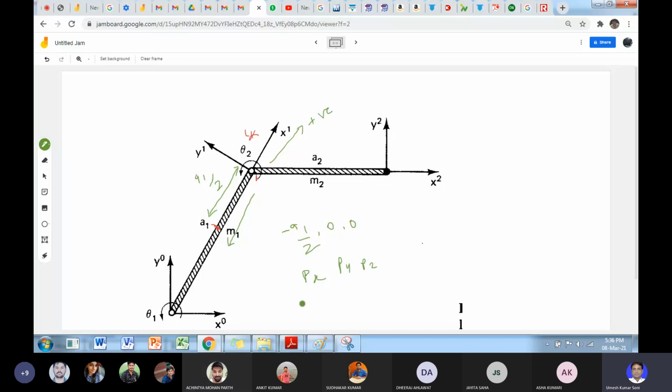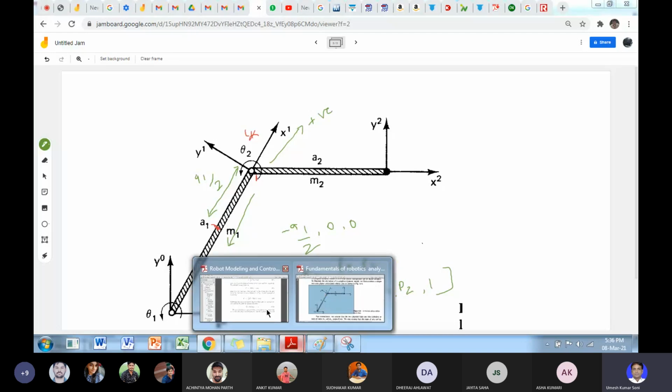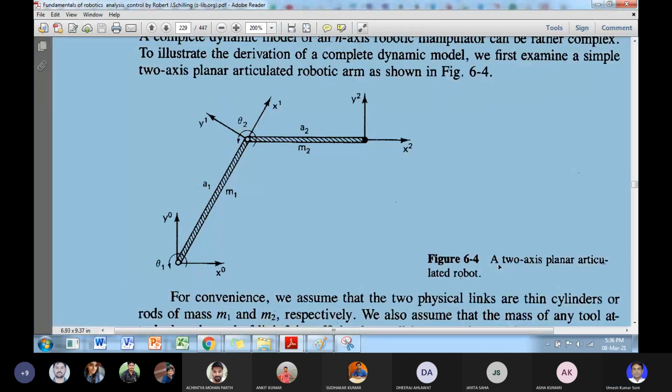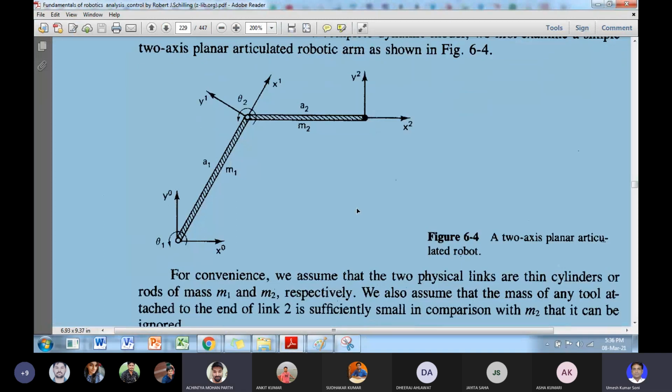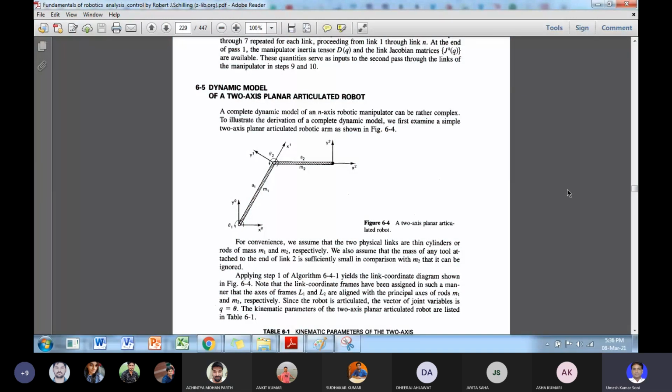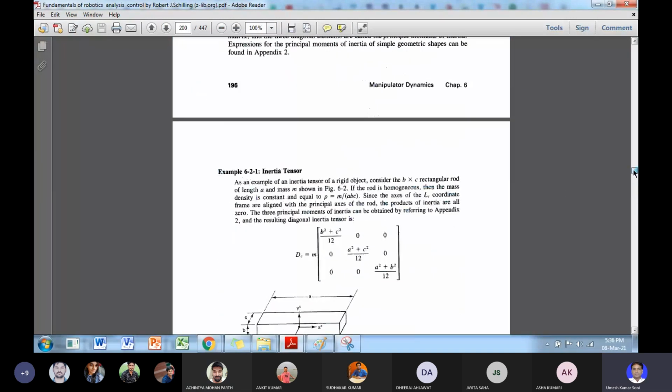Okay, so what is the complete coordinate matrix? This is actually px, py, pz, and additionally 1 is kept here.